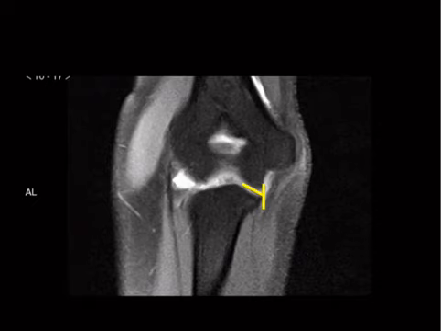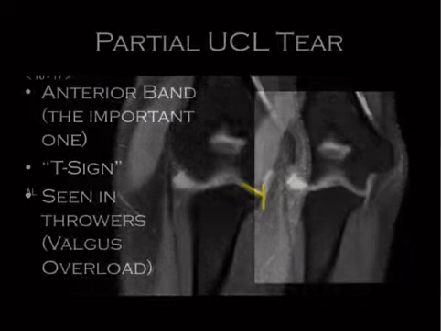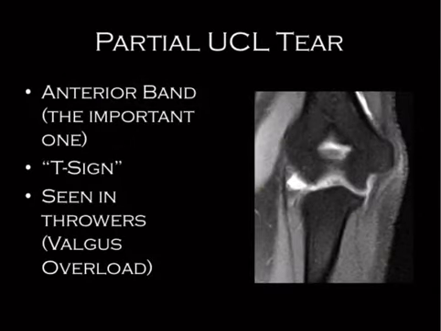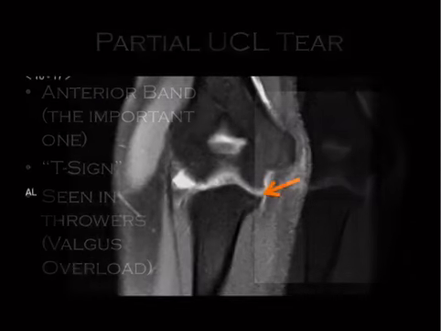reinforce your ulnar collateral ligament, which actually gives you superhuman range of motion, so you can really valgus overload. Then you can actually throw faster with that. All right, I'm slightly off topic here, but what you need to know is ulnar collateral ligament, T sign, valgus overload, anterior band of the UCL, seen in throwers.